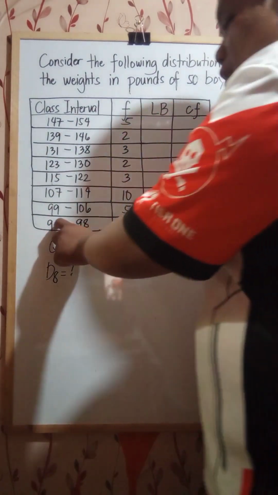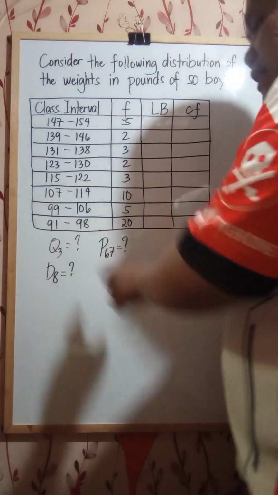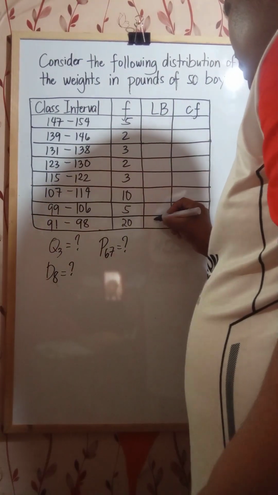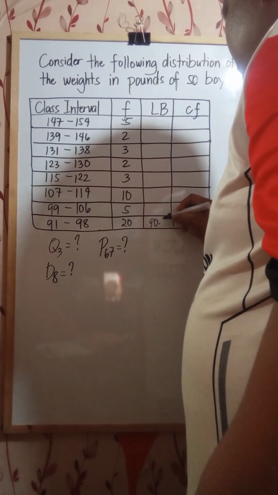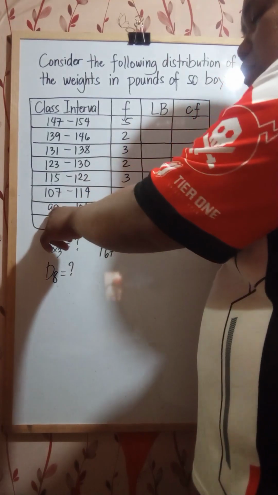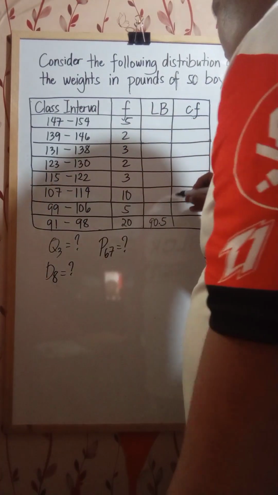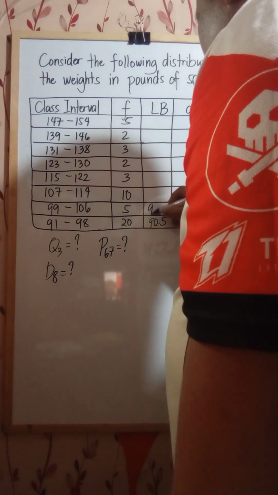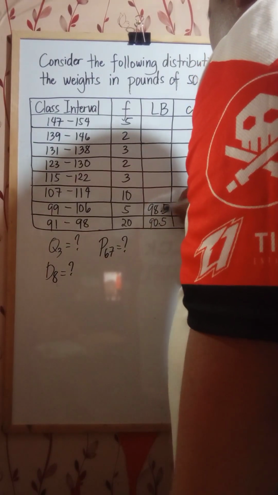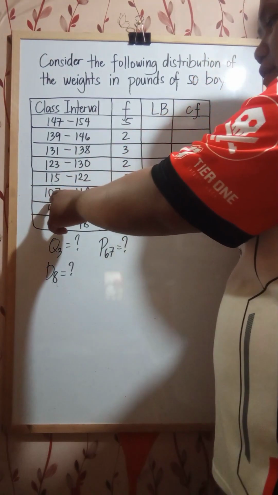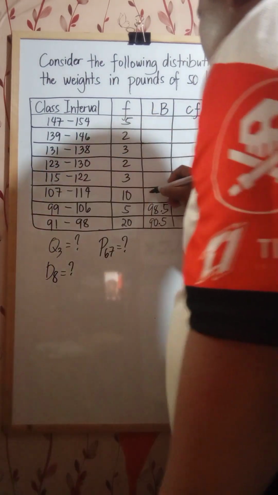So 91 minus 0.5 is 90.5. Then 99 minus 0.5 is 98.5. Then 107 minus 0.5 is 106.5.